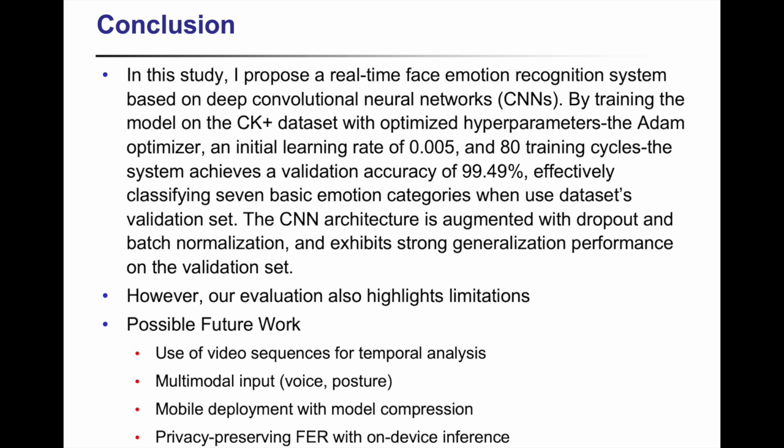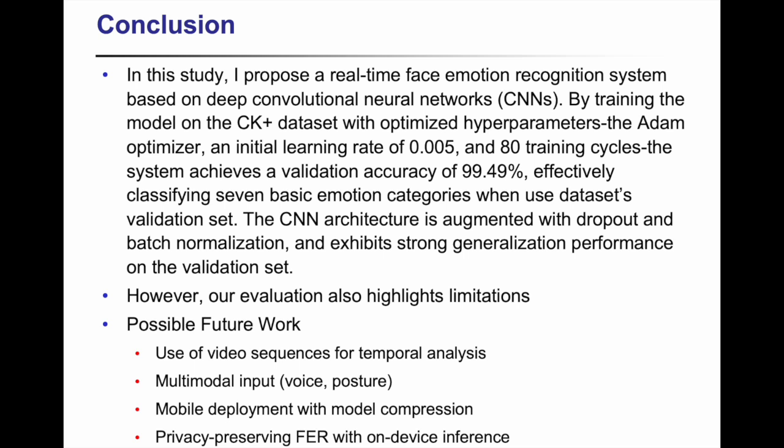Future work could focus on enhancing temporal analysis by incorporating video sequences, allowing the system to understand how emotions evolve over time rather than relying on single frame predictions. Integrating multimodal inputs such as voice or body language could also improve robustness in complex real-world scenarios.